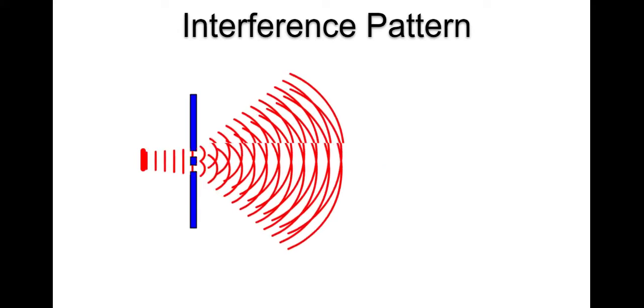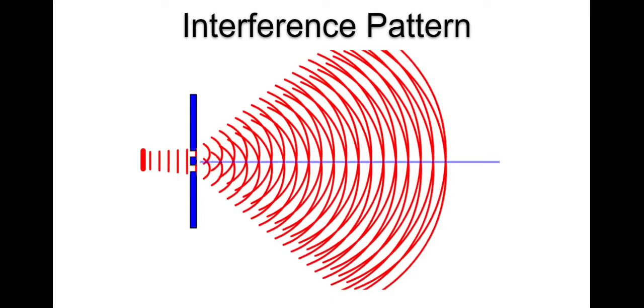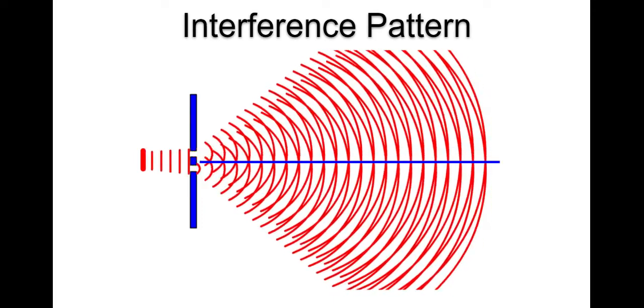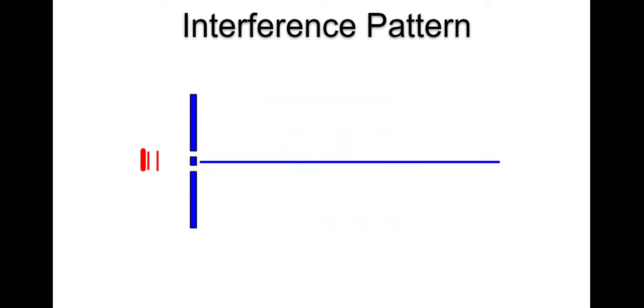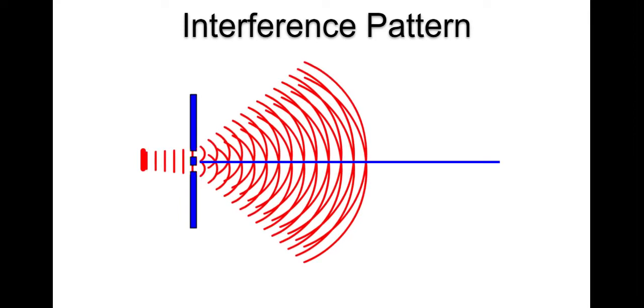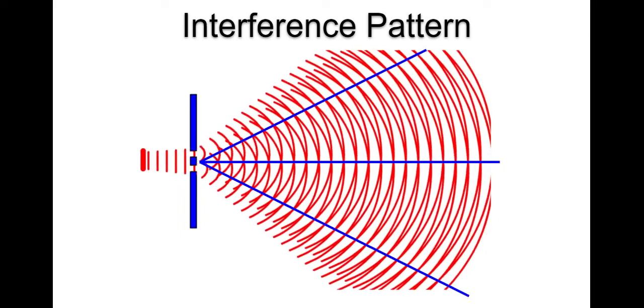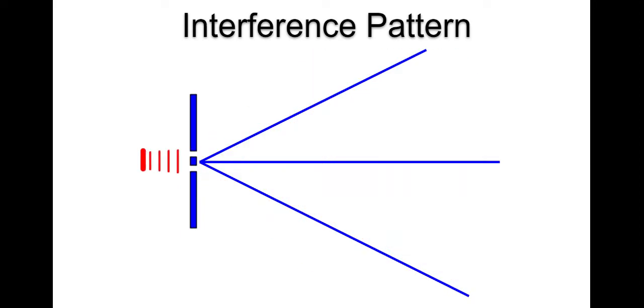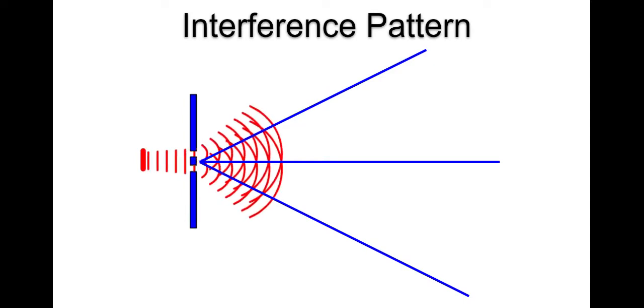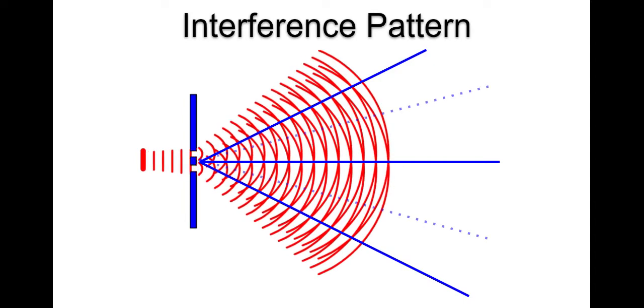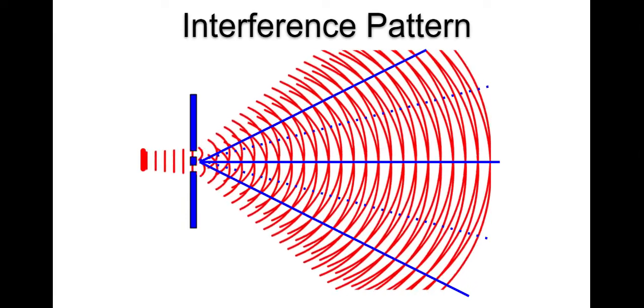When they meet, we can see there are three bits where, if we look along the middle, we've got the waves overlapping with each other, but that also happens here and here. And in between those lines, we've got places where the waves are exactly not overlapping with each other, all the way along those lines.